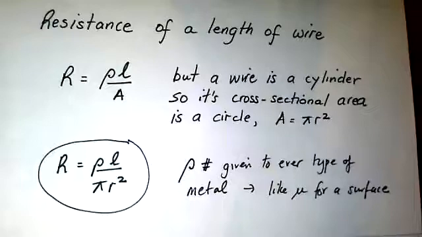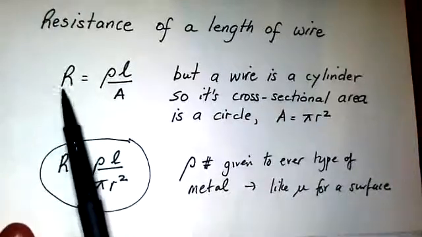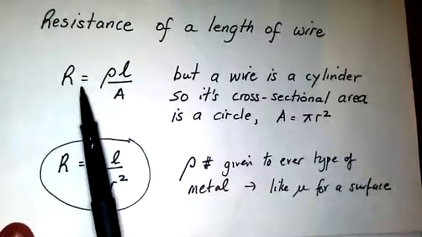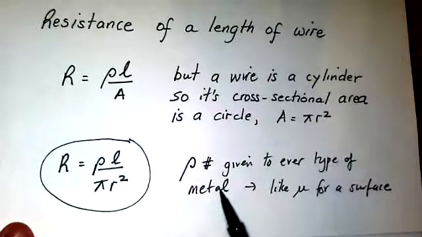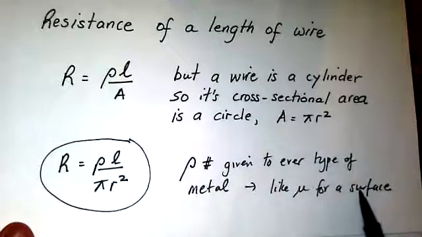Okay, let's take a look at calculating or explaining how the resistance in a length of wire can change. The formula in your notes tells you that resistance is the resistivity, and the resistivity is just a number given to every type of metal. Think of it like a mu for a surface, like we did in friction.